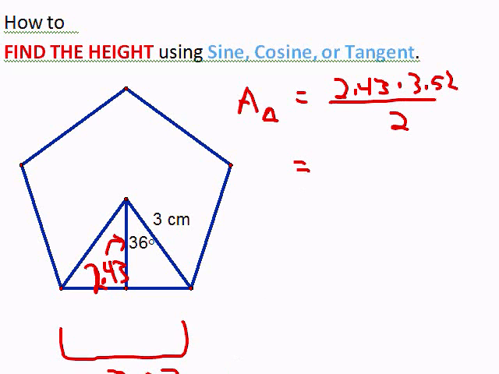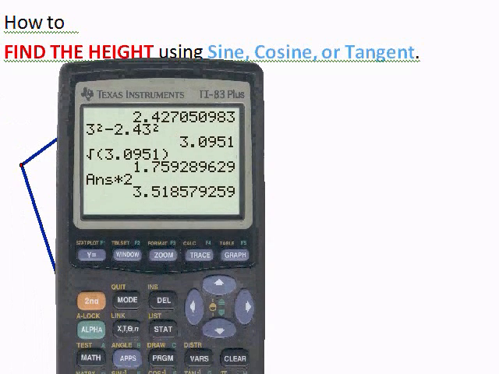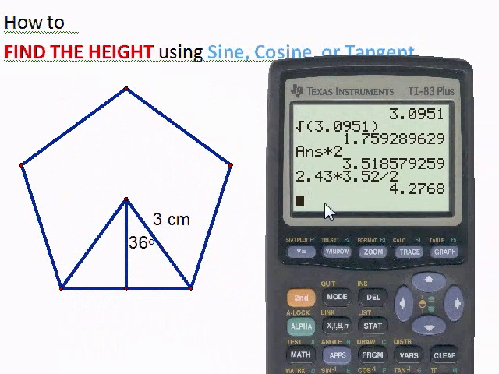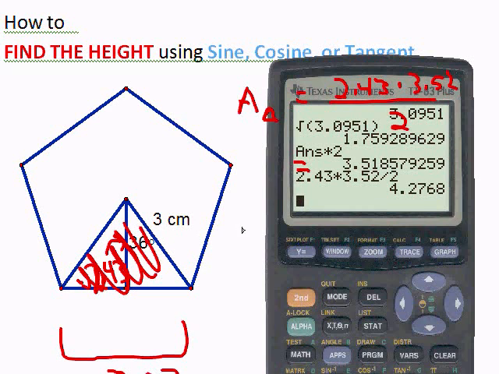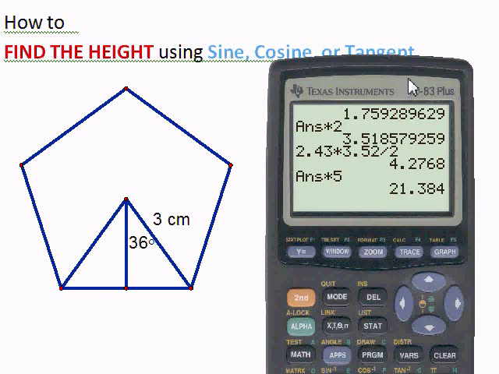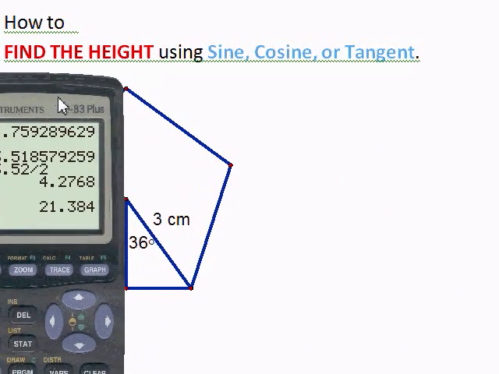So, grab our calculator again. 2.43 times 3.52 divided by 2 gives us 4.28. Now, that is for just one triangle, just this area right here. We would then have to multiply that by 5 since there are 5 sides in our polygon, giving us, in the end, an area of 21.38.